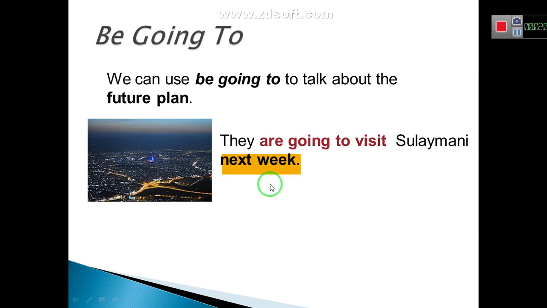We are going to visit Suleymania next week. Next week. What's next week? Next week is an adverb of time indicating future tense. Am I right? Next week, next year, tomorrow, the day after tomorrow. They are all adverbs of time used for the future.